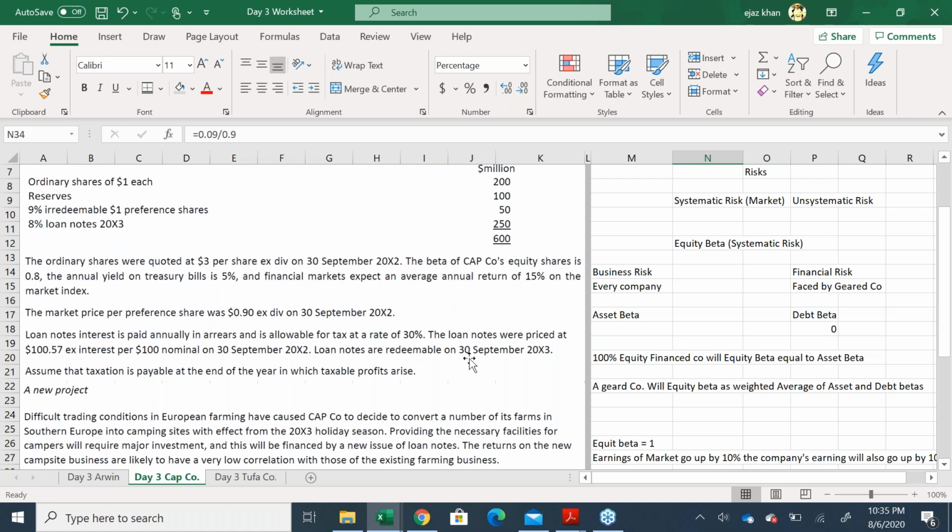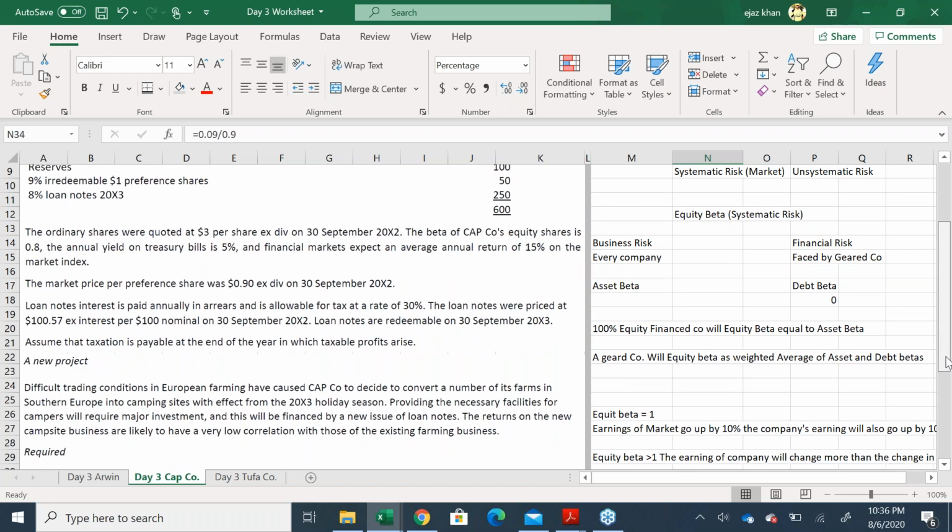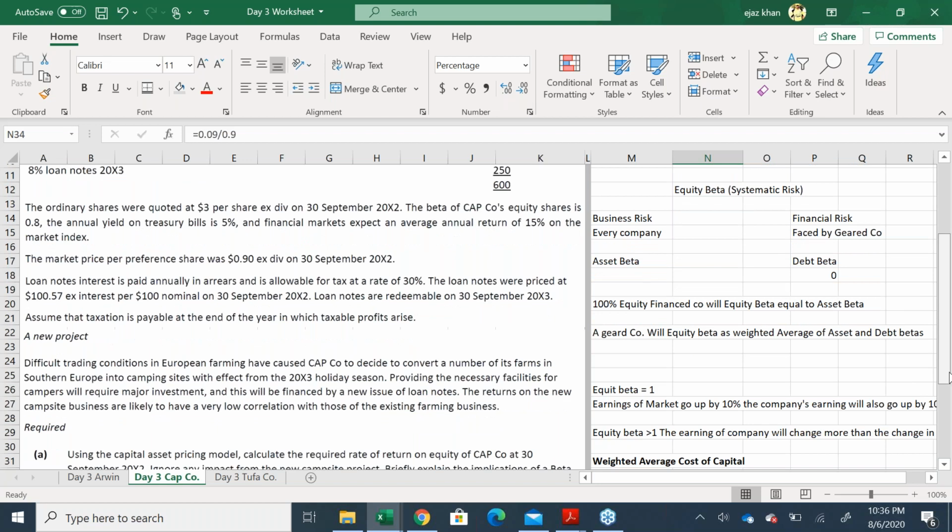From financial management perspective, we consider it part of debt. Remember, we always consider it as part of debts because we have to pay a fixed amount every year. So redeemable loan notes.